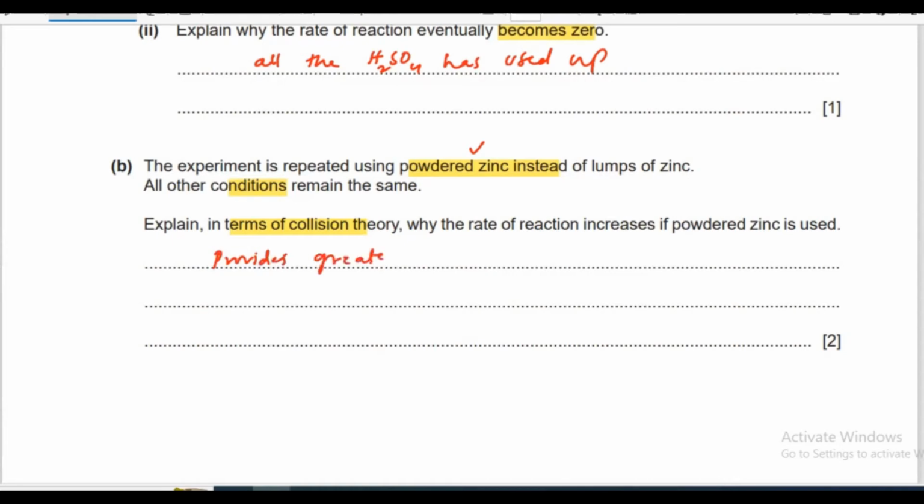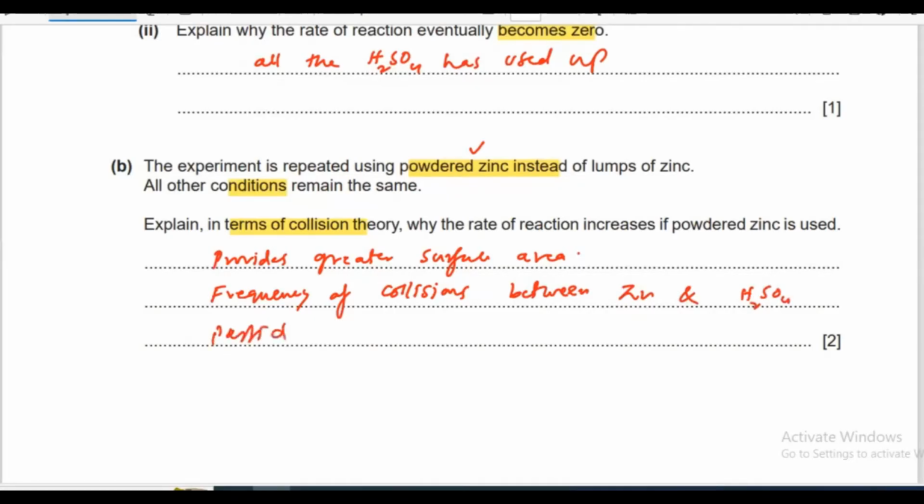If we have more surface area, the frequency of collisions between zinc and sulfuric acid particles increases.